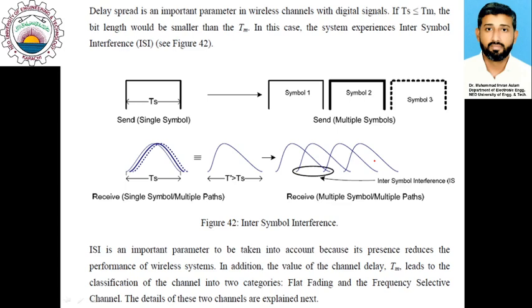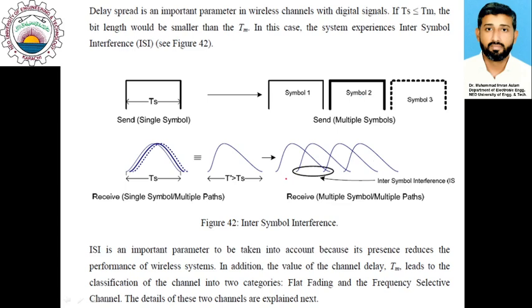So the first symbol would interfere with the second one, the second one would interfere with the third one, and so on. So there is an additional interference because of this large amount of delay spread which we observe in the received signal when multiple symbols are being transmitted through the wireless environment.